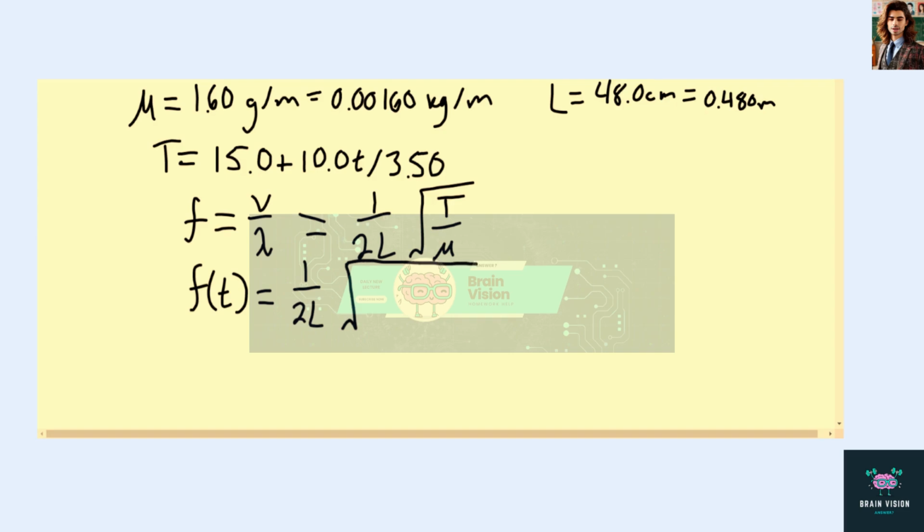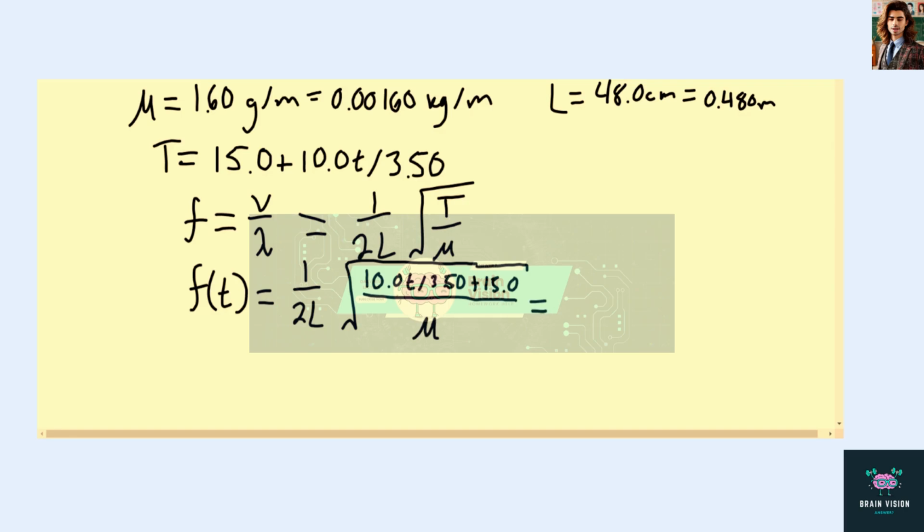So f of t is going to be equal to 1 over 2L times the square root of, and in the numerator I'm going to flip around the order to make it a little bit more intuitive, 10.0 t divided by 3.50 plus 15.0. And then in the denominator, we have, once again, mu. I'm going to rewrite this again to make it a little bit nicer.